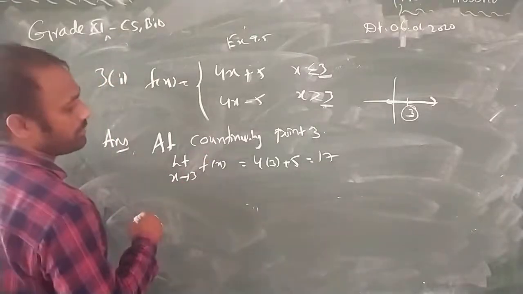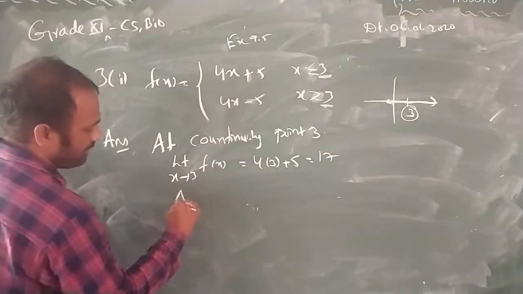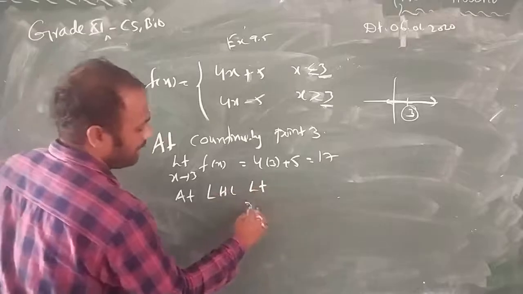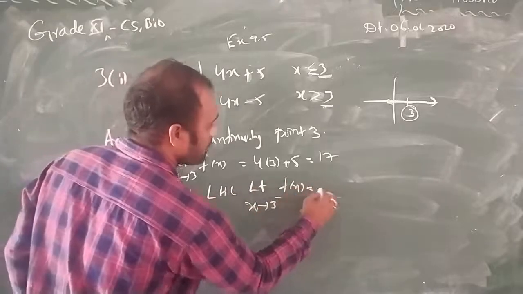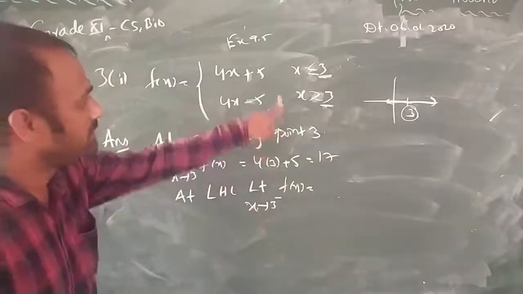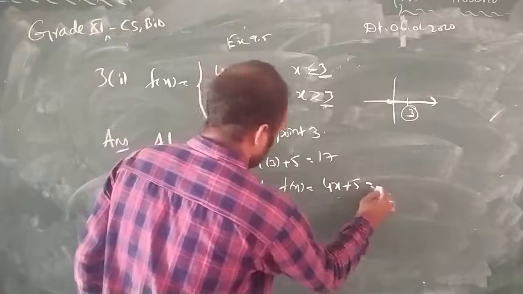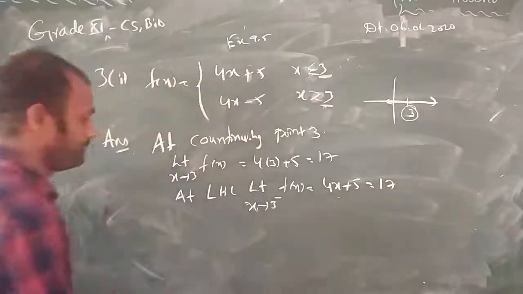Next let us check the left hand limit and right hand limit. Left hand limit, that is limit x tends to 3 minus f of x, is equal to: less than 3, the function is 4x plus 5. So 4 times 3 is 12, 12 plus 5 is 17.